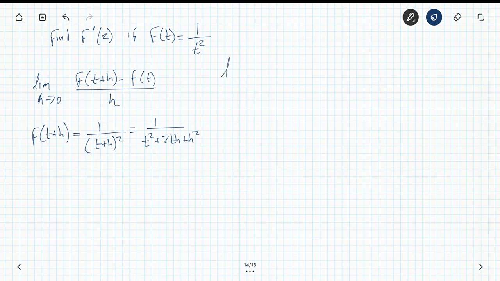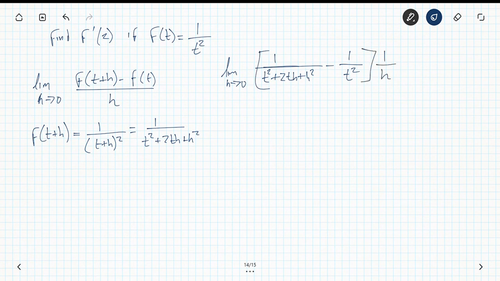Knowing that, let's go ahead and plug that into our definition of the derivative. So the limit as h approaches 0 of, my f of t plus h is 1 over t squared plus 2th plus h squared, minus 1 over t squared, and all of this is going to be multiplied by 1 over h, which is the same thing as dividing by h.